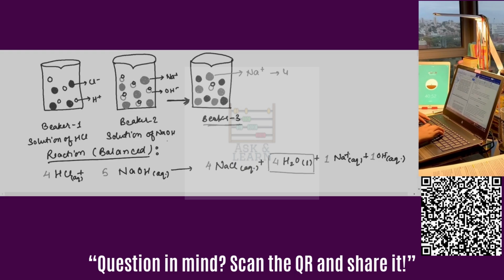We will write here 4 Na plus ions, sorry, 4 plus 1, that is 5 Na plus ions. And 4 Cl minus ions, and there will be 1 OH minus ion.